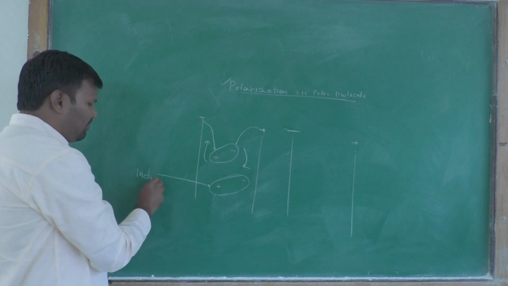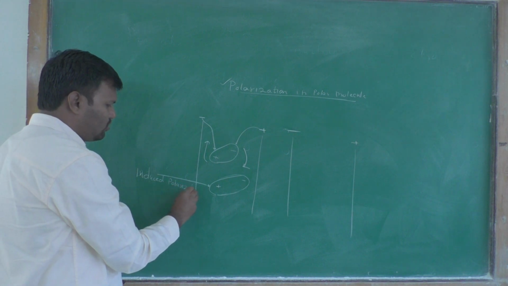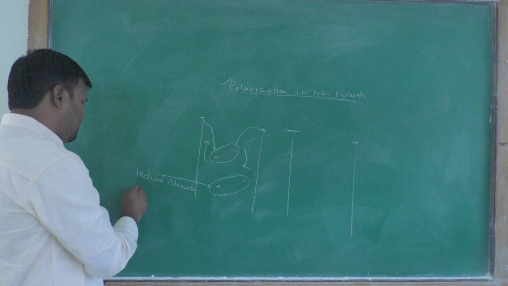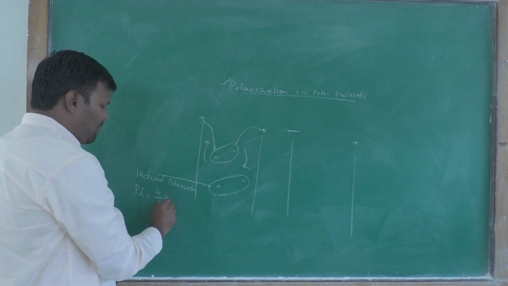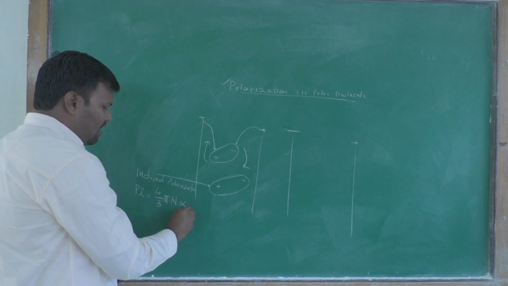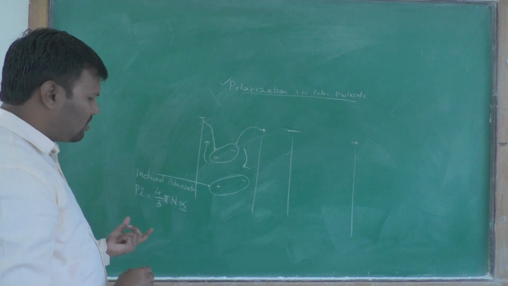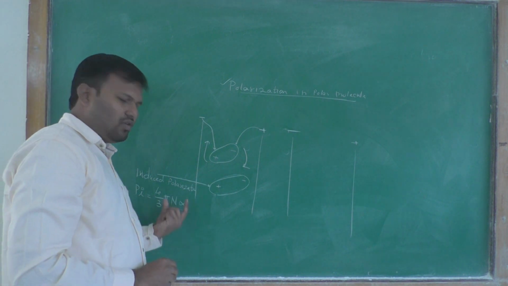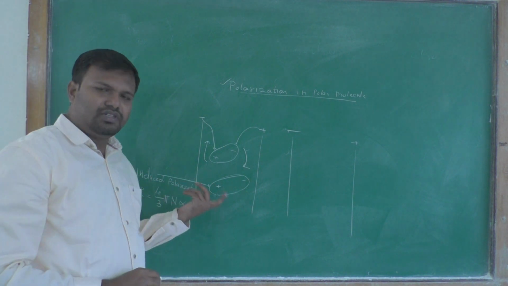This is called induced polarization due to the distortion of the charges, and induced polarization is given by 4 by 3 pi n alpha, where pi is the constant, n is Avogadro's number, and alpha is the deformability or the polarizability of the molecule, whether it is polar or non-polar.